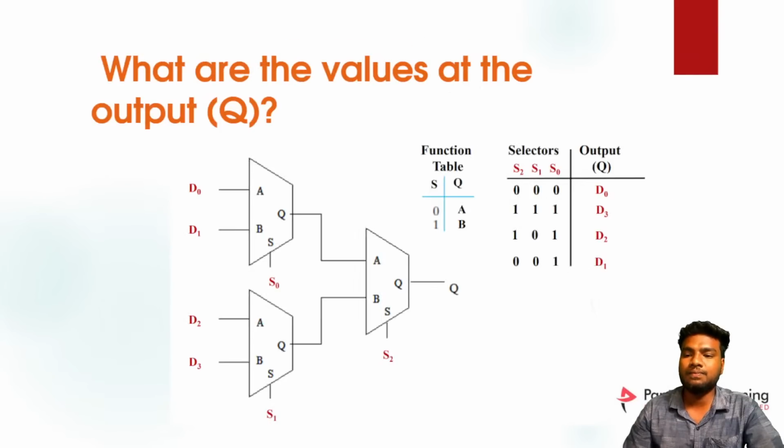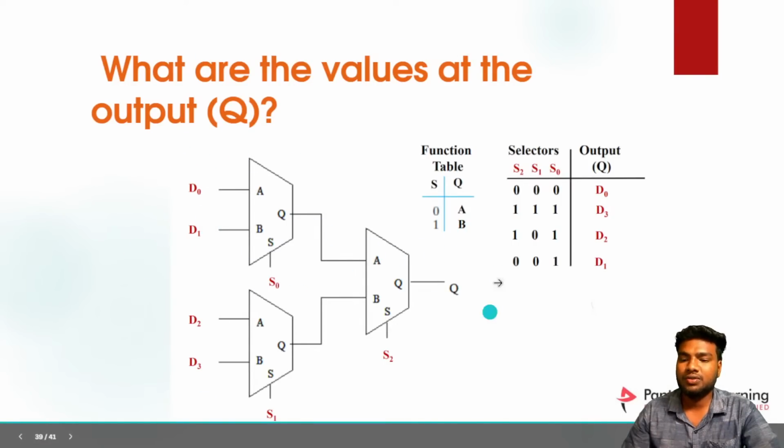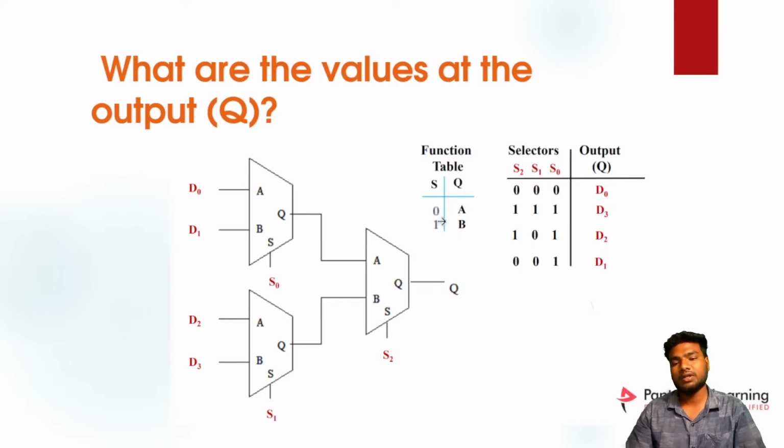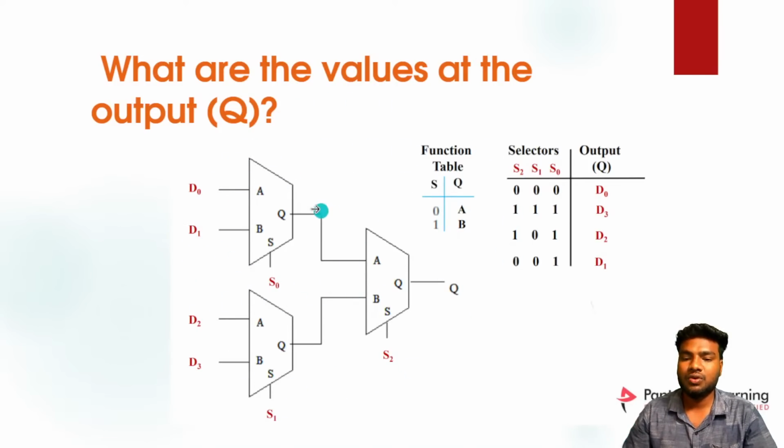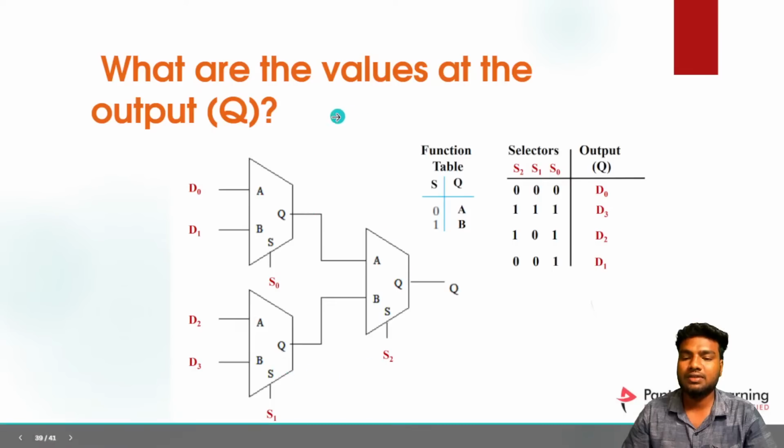And then you can see here, it is the 4x1 mux. I have 4 inputs and my output is 1. This is the 4x1 mux logic diagram, but I made this by using 2x1 muxes.